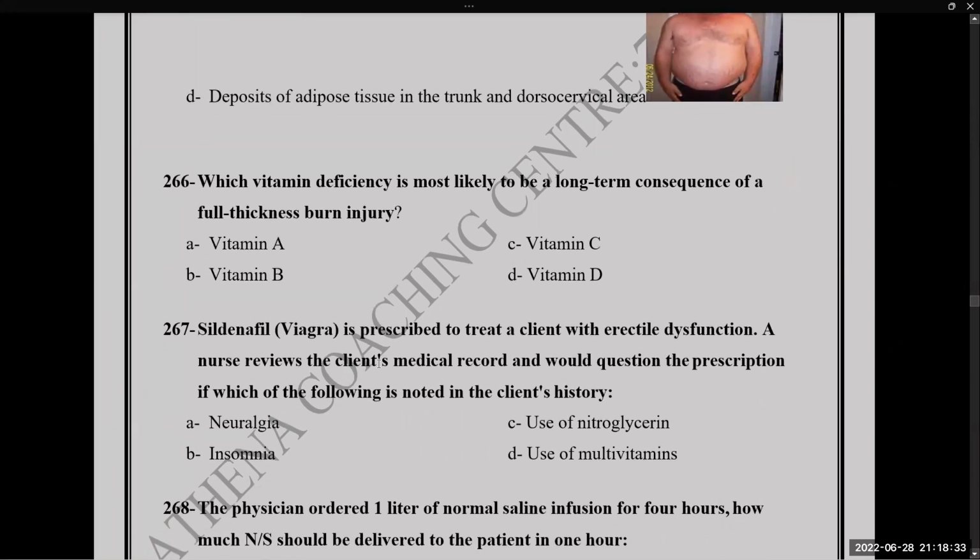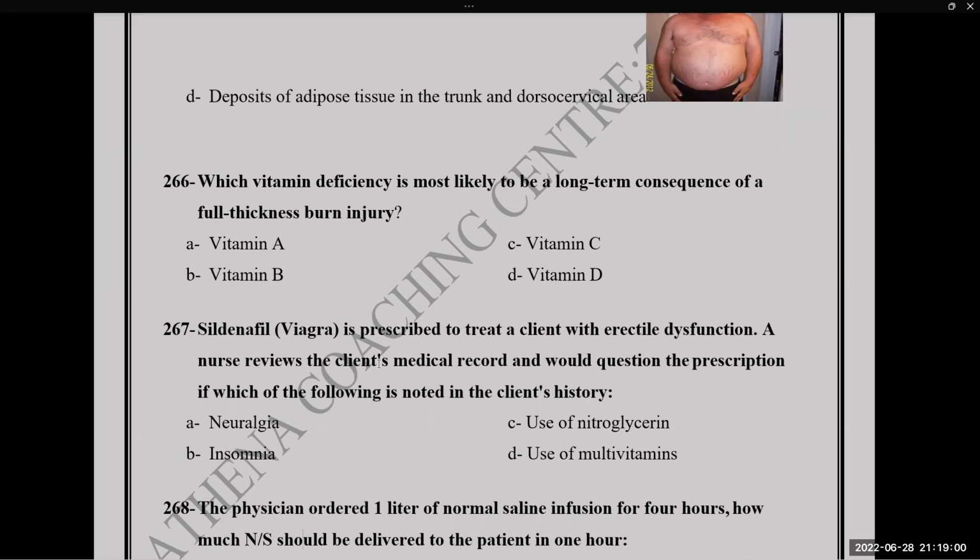What is that called as vitamin D deficiency? See, vitamin D is a vitamin which has various functions. One of the most important functions is calcium and phosphorus metabolism. So vitamin D is helping for calcium and phosphorus metabolism.